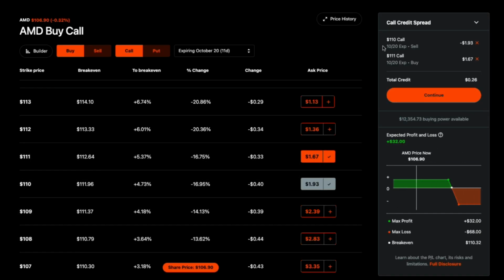This is also a strategy that a lot of people use, and it is especially good for a small account. You can even do this with $100 in your account, right? So if you have $100, you can make $32, which is almost 30% profit in a very short time, provided that the market goes as you expect, right?